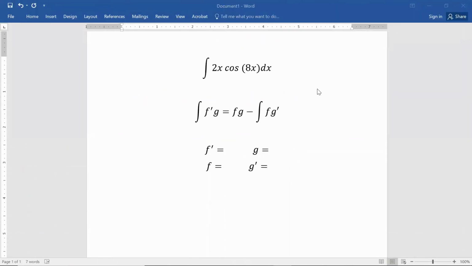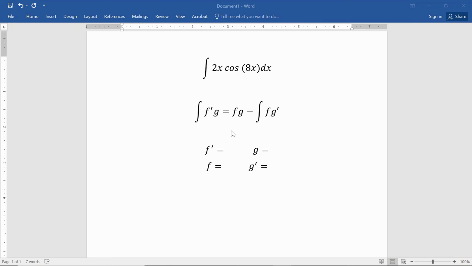The most important part is matching up this integration to our general rule. Once I've matched up the f prime and the g correctly, then the process kind of falls into place.